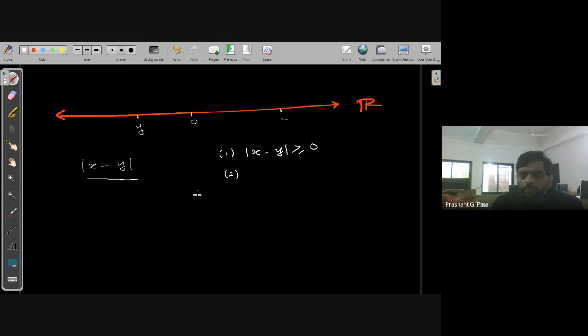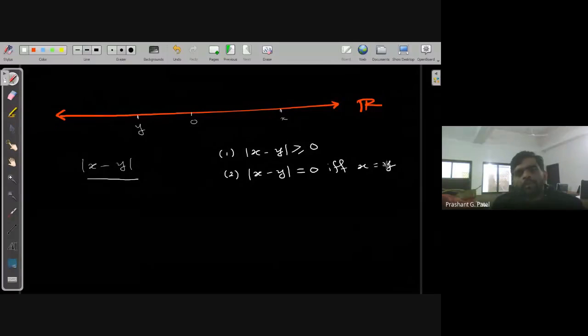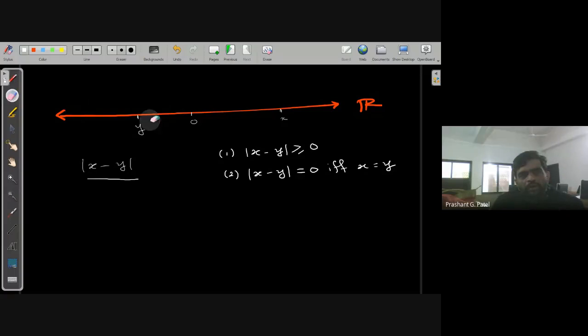Second property: if the distance between two points is 0, can I say that both the points are the same? So if the distance between these two points on the real line is 0, that means the two points are the same. That is the second fundamental property.